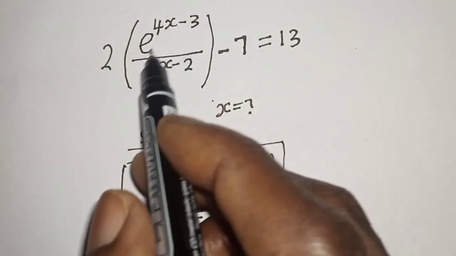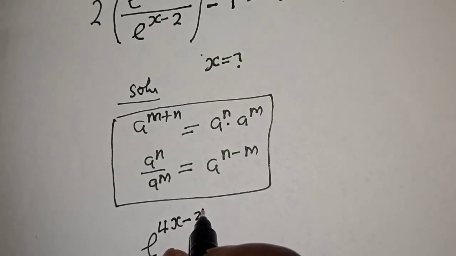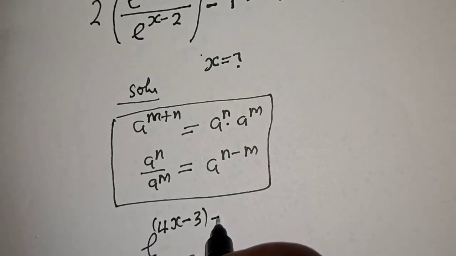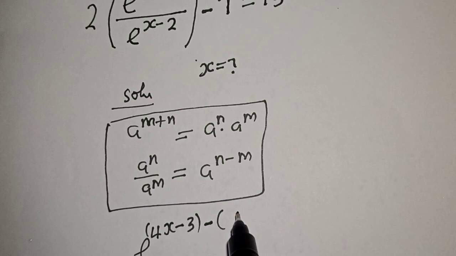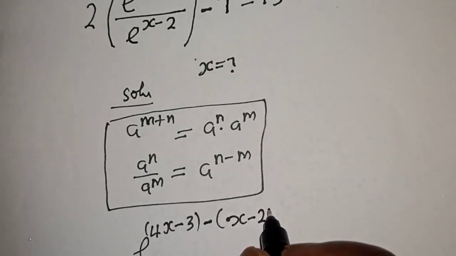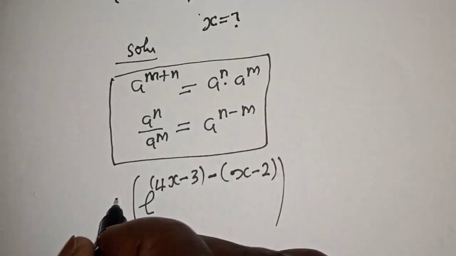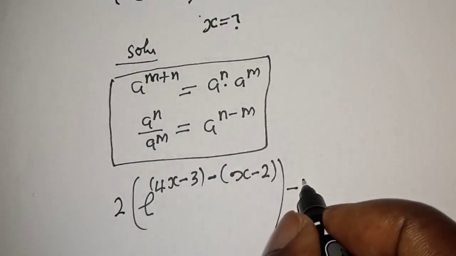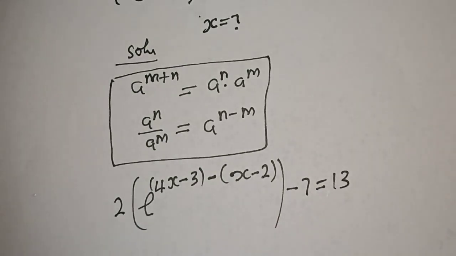Then this can be written as 2 bracket e raised to power 4x minus 3 over e raised to power x minus 2 bracket minus 7 is equal to 13.